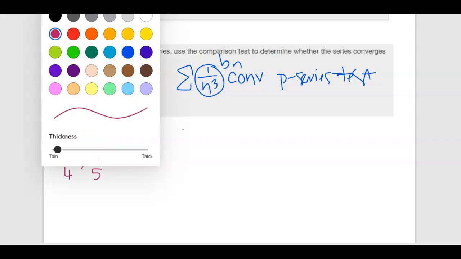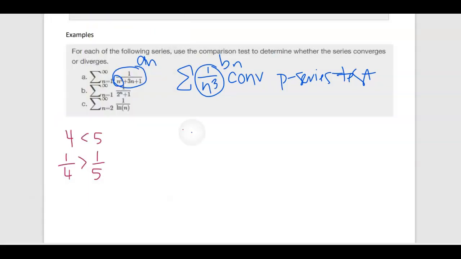Why does that matter? Well, because I know that n cubed is going to be smaller than n cubed plus 3n plus 1. Because if I have numbers that I'm adding to n cubed, that right-hand side is going to be bigger than just n cubed all by itself. I could say this, that's also true. So what does that mean?